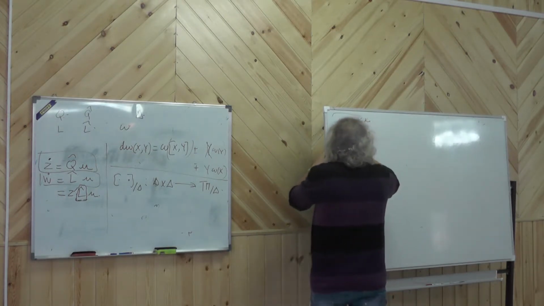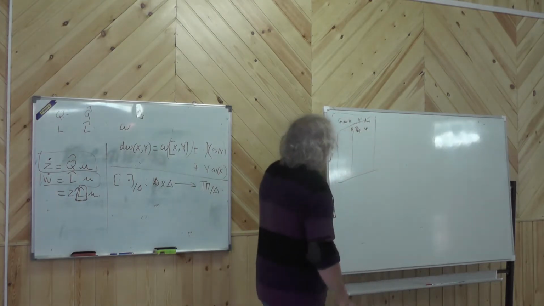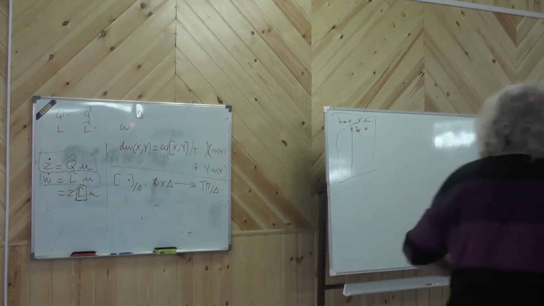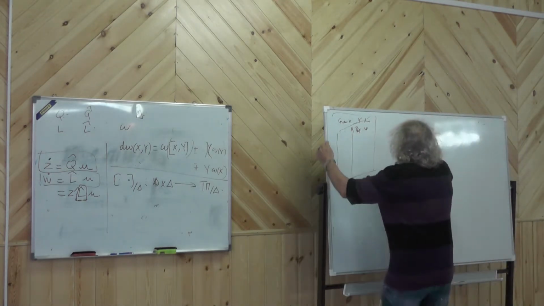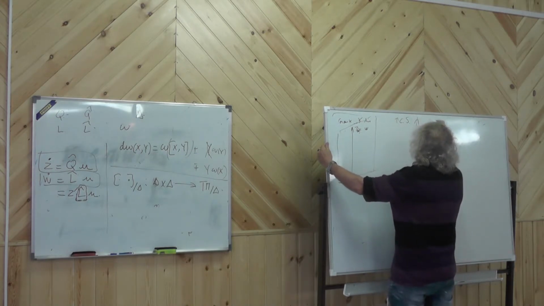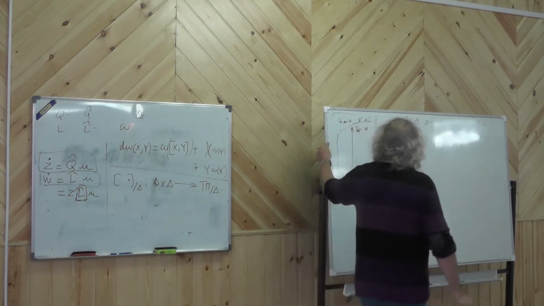But this curve gamma, you choose that it is embedded in a surface which is transversal to the distribution. So you choose a surface S that contains gamma, okay, and the surface S is transversal to the distribution everywhere. And you can repeat completely this construction.